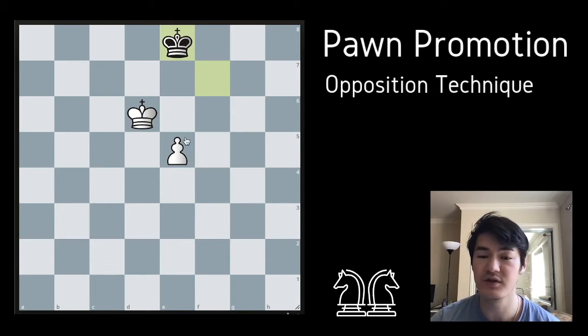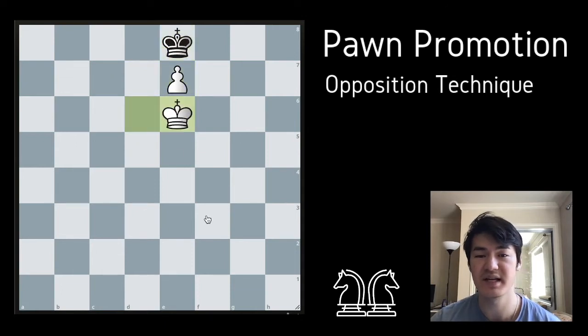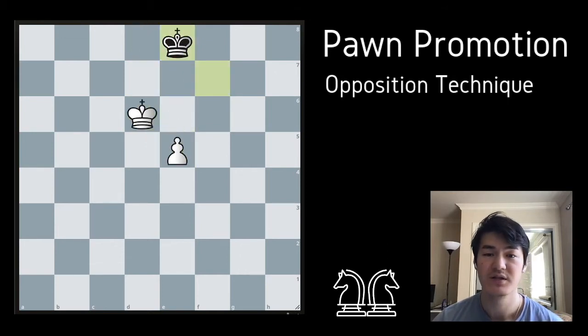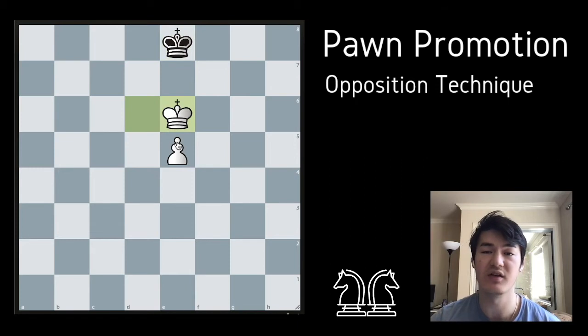Yeah, we are not going to be pushing the pawn to e6. If we push the pawn to e6, if the black king goes here and we keep pushing it, this actually becomes a stalemate, and I will go over this in the next position as well. So when the opponent's king goes back, everyone, instead of pushing the pawn, we are going to be taking the opposition. And this essentially wins us the game.